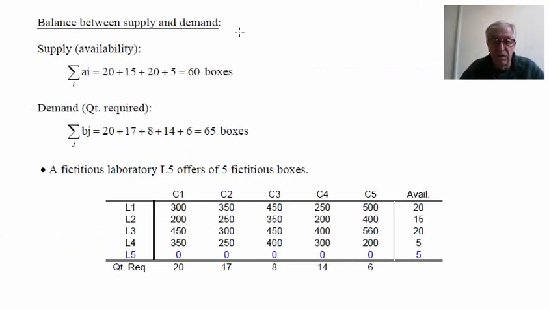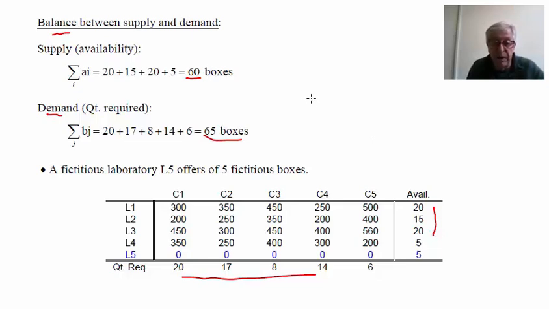So before starting writing the linear programming problem, we must verify first if there is a balance between supply and demand. From the supply side, we have 60 boxes available, but from the demand side, we require 65 boxes. So we cannot satisfy, in this case, the demand with this availability.